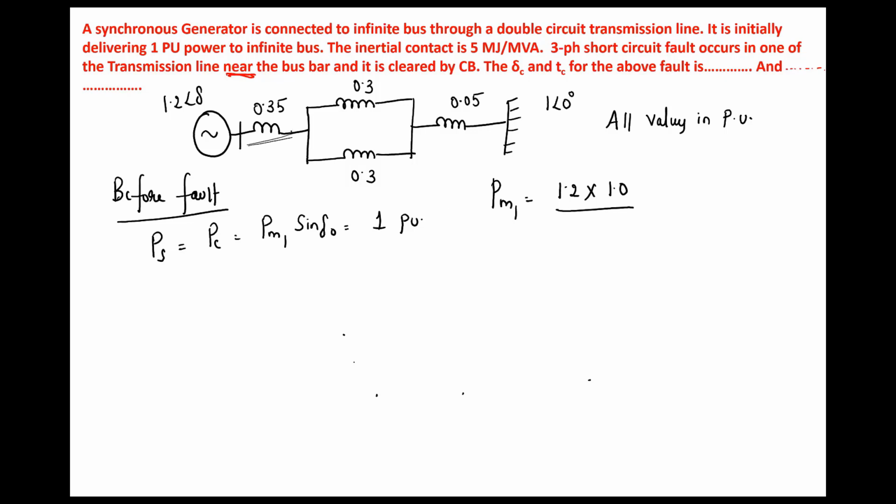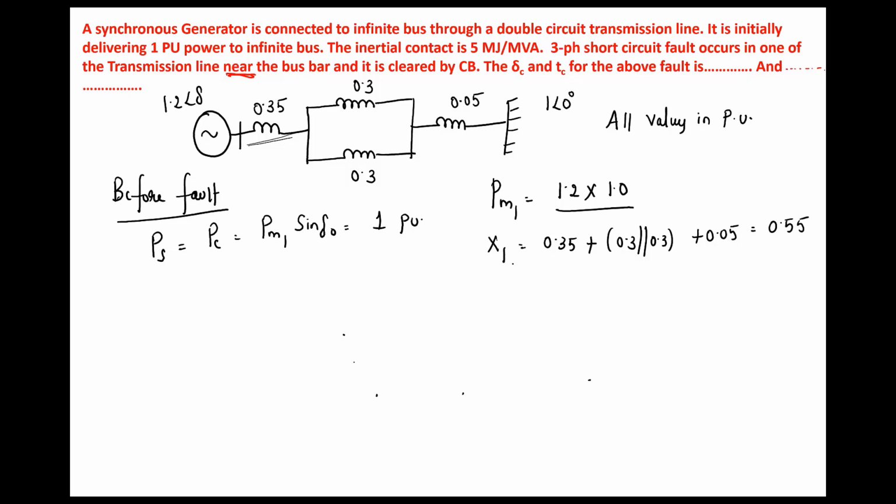0.35, and the parallel combination of, so X1 will become 0.35 plus parallel combination of 0.3 in parallel with 0.3 plus 0.05. So this value will become 0.55 per unit.